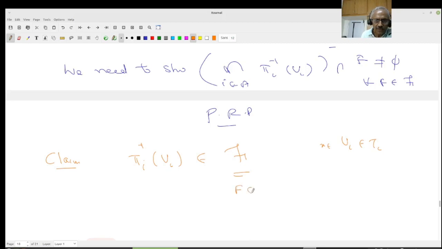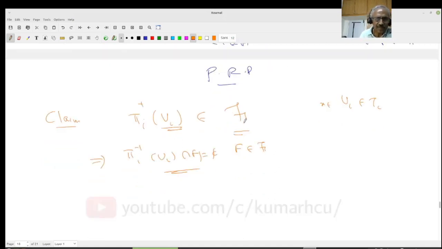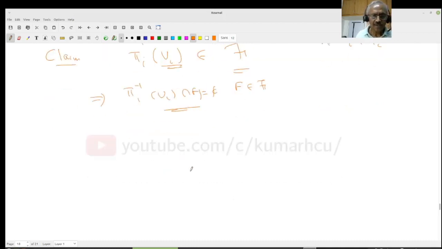Therefore, if you give me any F in script F, then pi_i inverse of U_i intersection F will be non-empty. You understand? So, if I prove this, it implies this. Because script F has an FIP, this is an element of script F, and this F is an element, therefore the intersection is non-empty. Right? Okay. Now, how do I prove that?